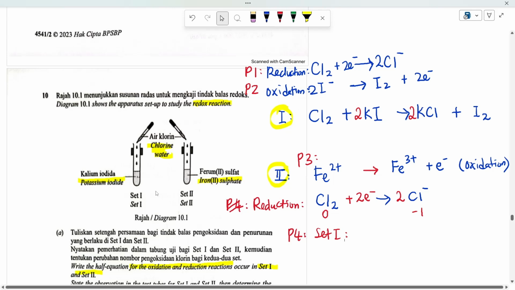Potassium iodide is colorless. At the end, is there any 1,1,1-trichloroethane? No, right? You won't get a purple color. It will be brown.